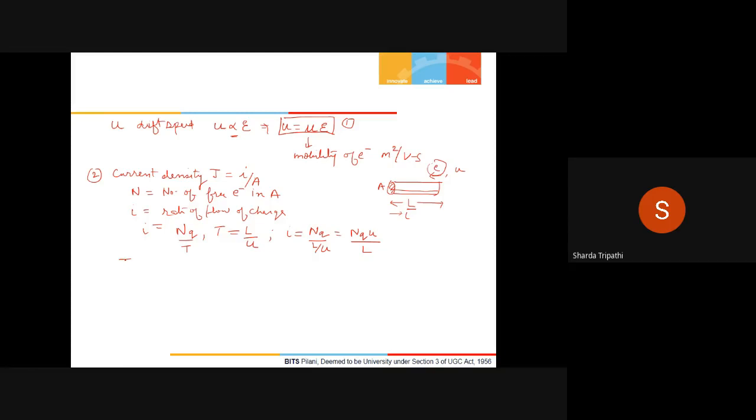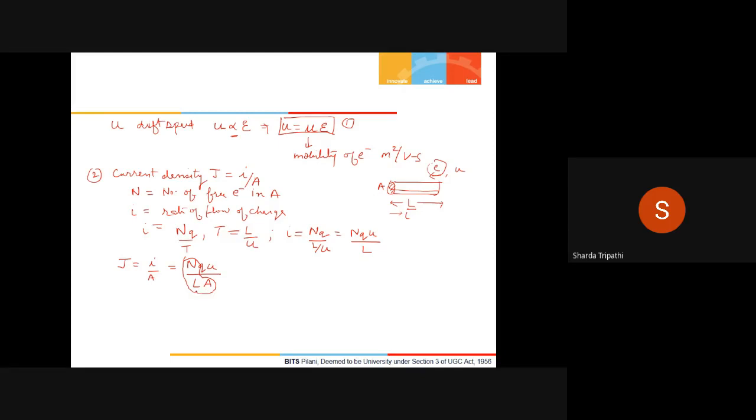What about the current density? Since J is equal to I by A, this will be equal to capital N into q into u divided by L multiplied by A. Now, finding the value of capital N is a bit difficult because you cannot count individual electrons present in a particular cross-sectional area. So what we do is we group this term together, N divided by L into A. N is the number of free electrons, L was my length and A is my area.